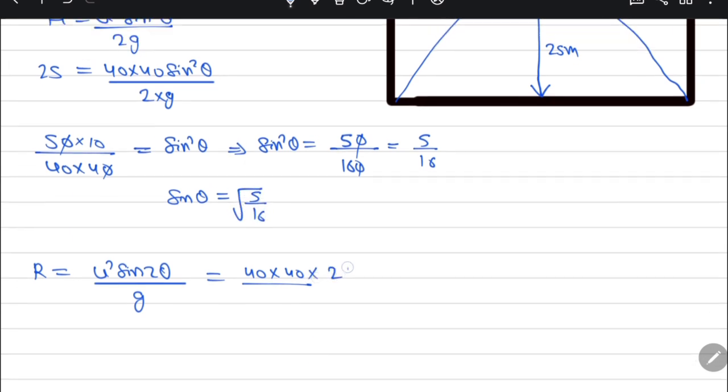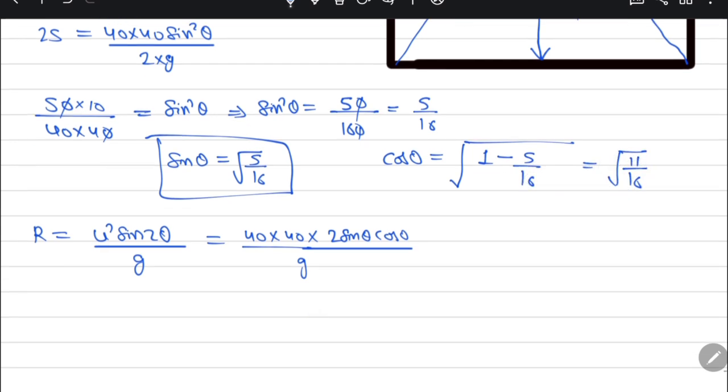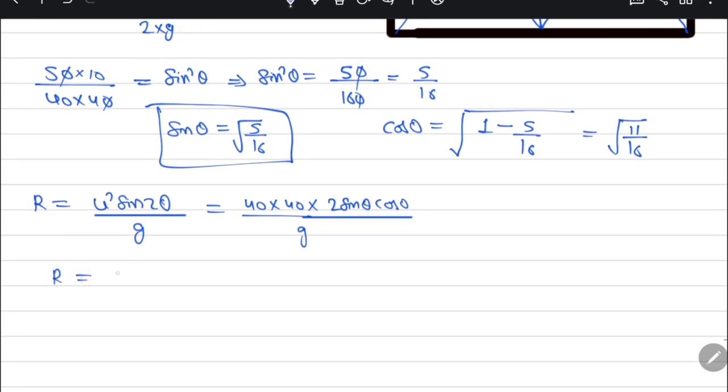So sine 2 theta you can write 2 sine theta cos theta by g. And you know sine theta, if you know this, we can find cos theta. Cos theta is basically under root 1 minus sine square theta, that is 5 by 60. This comes out to be root 11 by 60. So range I can find: 1600 divided by 10 into 2 into sine theta, which is basically root 5 by 4, and cos theta is also root 11 by 4.